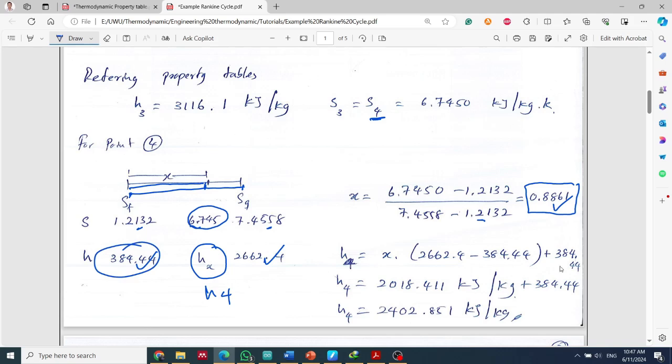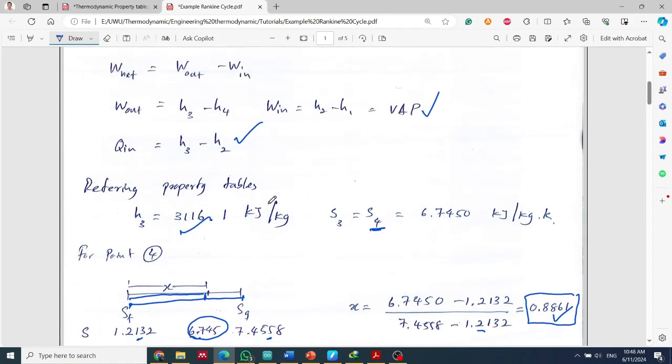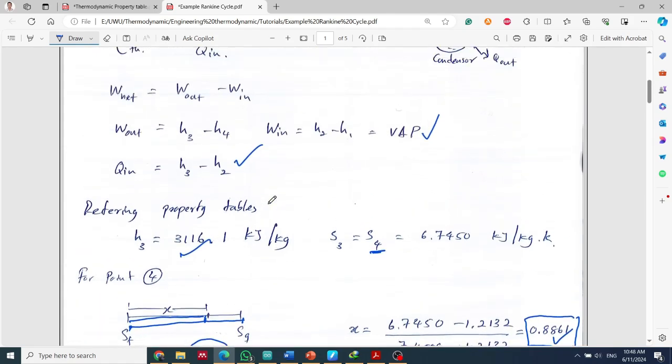Okay, that is what is given. Therefore we can write H4 equal to 2402.851, right. So that way we have found H4 also. Right, up to now we have found H3 and H4. So there are another two more to go, right.